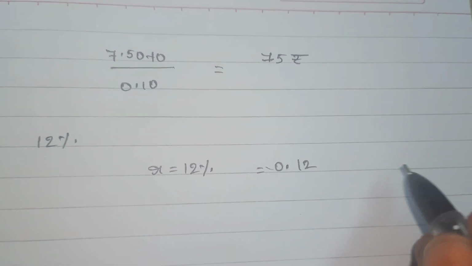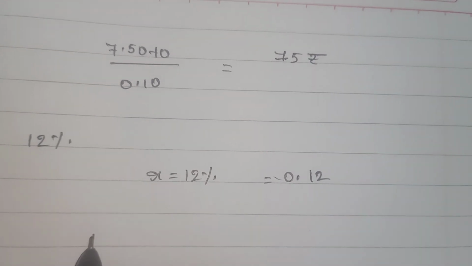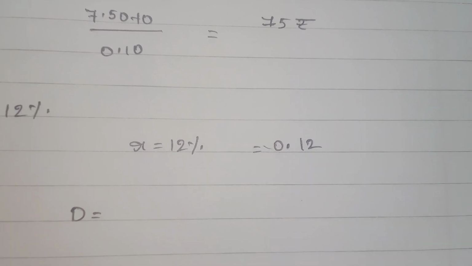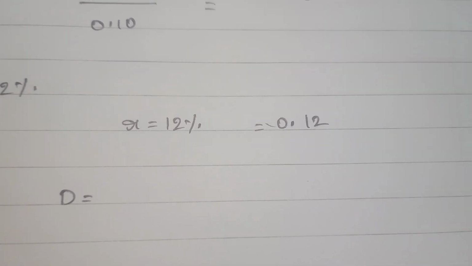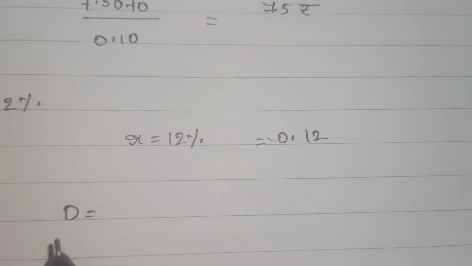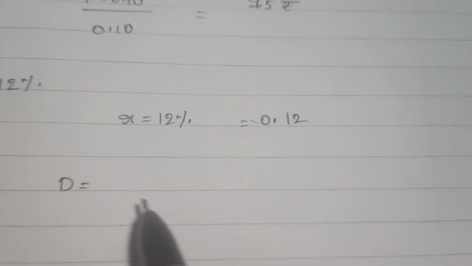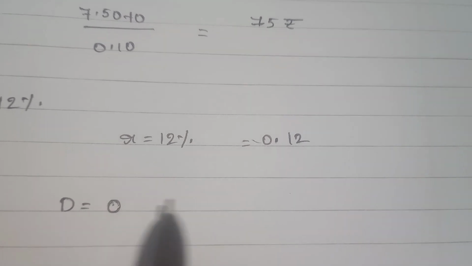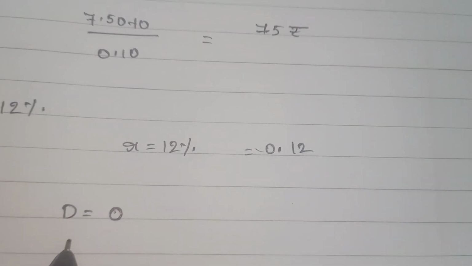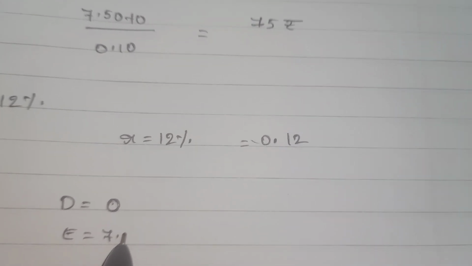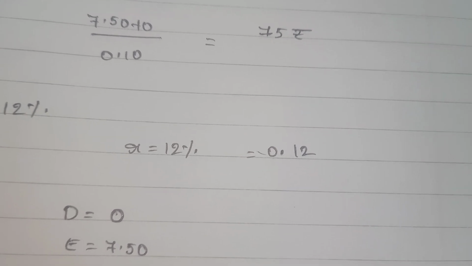Already we know the value of D. But here, when coming to the 12%, the dividend payout is 100%. Then the 7.50, when calculated at 100%, comes to 0. So D, the dividend per share, is equal to 0. Earnings per share is equal to 7.50. R is equal to 0.12. Cost of capital is equal to 0.10.